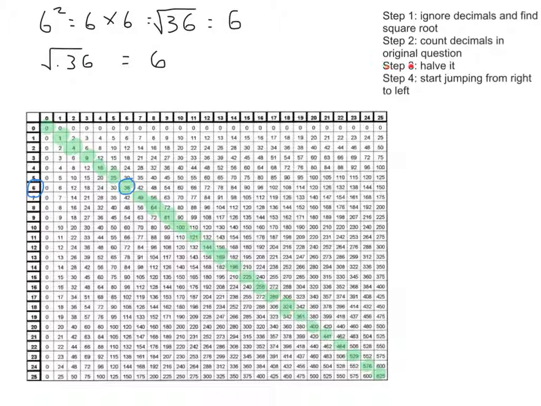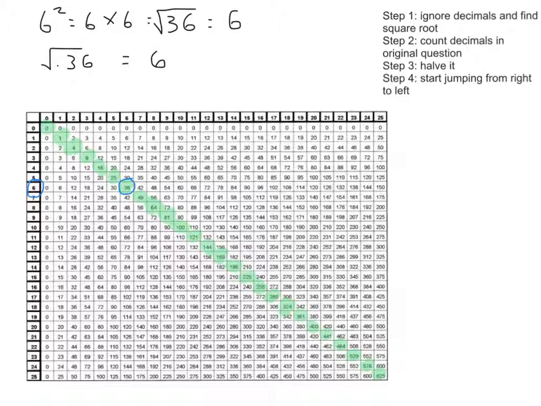Okay, so we've done step 3 now. We've halved the number of decimals, which is now 1. And step 4 is start jumping from right to left according to the number of decimals we found in step 3. So we found in step 3 that we have to jump once, because half of 2 decimals is 1. So now we jump from right to left, and we only do that once.